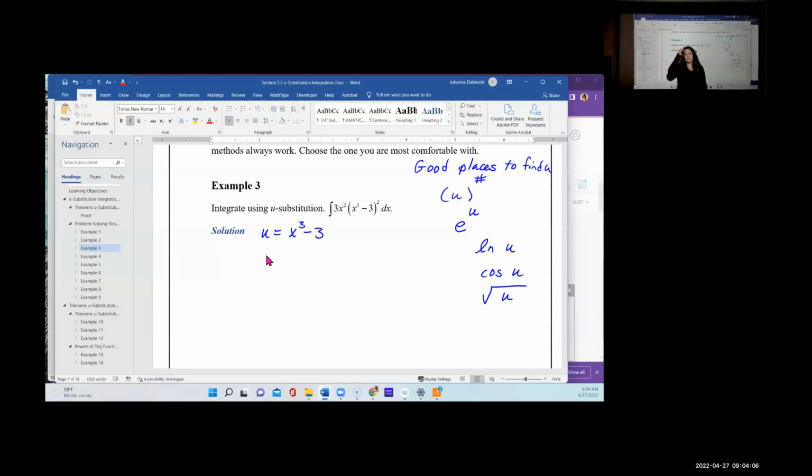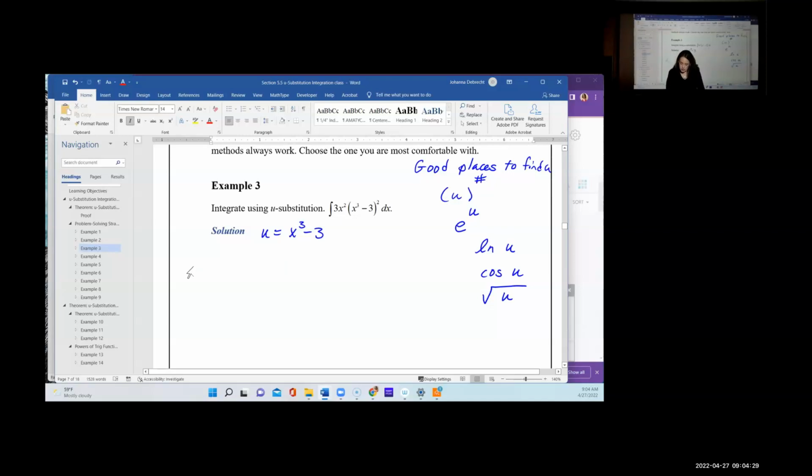Choosing u is the single most important step in solving a u-substitution problem. So you really do need to look for one of these places that you see on the right here and discover which one of them you've got. In this case, it's this one. We have an expression being raised to a number power, and that's a good indication that it should be u.